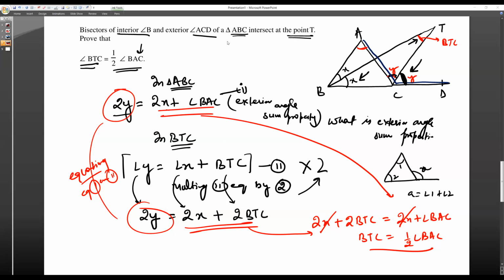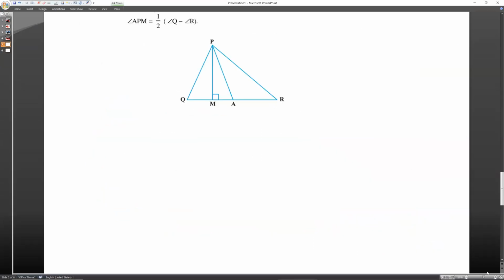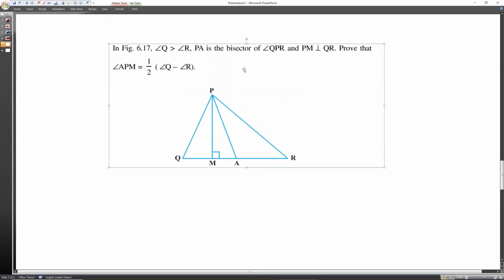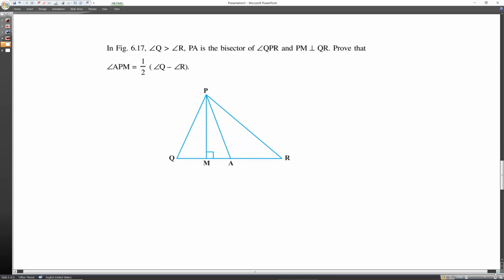Next. This is your question on your screen. How will you solve this question, please? Here is the question that you need to understand. In the given figure, Q is greater than R, it is given to you.